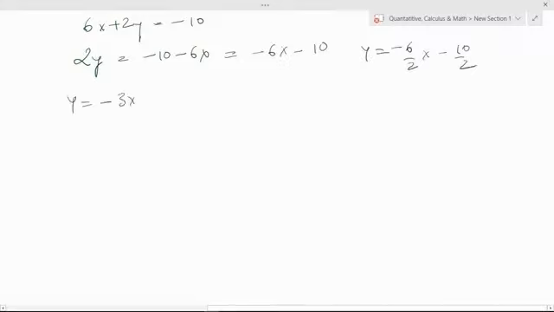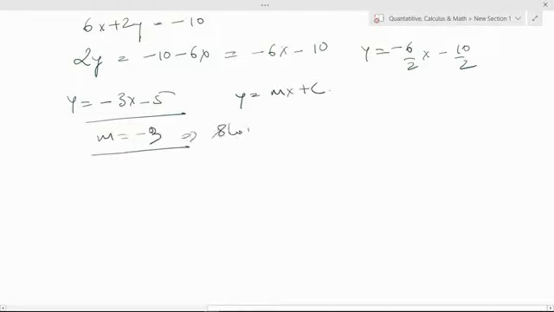So y is equal to minus 3x minus 5. Now this takes the form of y is equal to mx plus c. So we get m is equal to minus 3, which is nothing but the slope, and the intercept is given as c is equal to minus 5.